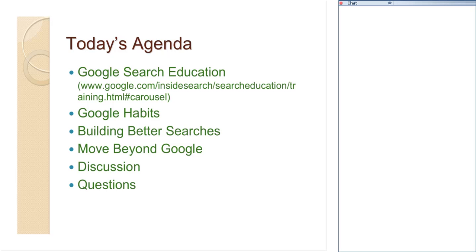We're going to be talking about how to build better searches using Google specifically, but that can also help you in building better searches with other search engines as well. We'll talk a little bit about moving beyond Google, and then at the end there will be 15 minutes, which should be time for both discussion and questions.